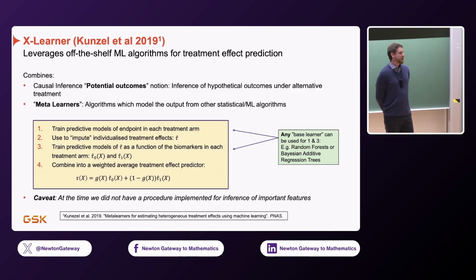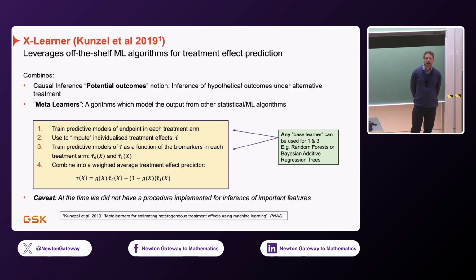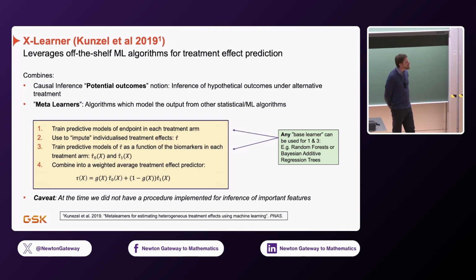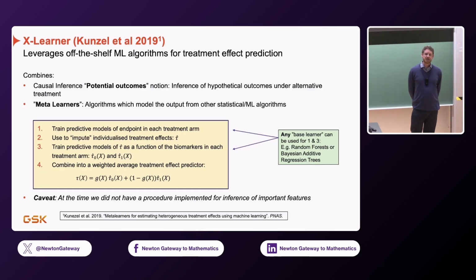So for each patient, we've got a pair of outcomes, one under the treatment, one under the comparator. Obviously, one of those is imputed, but it means we can impute their personalized treatment effect. So now for each patient, we've got their individual treatment effect imputed, which is a number.